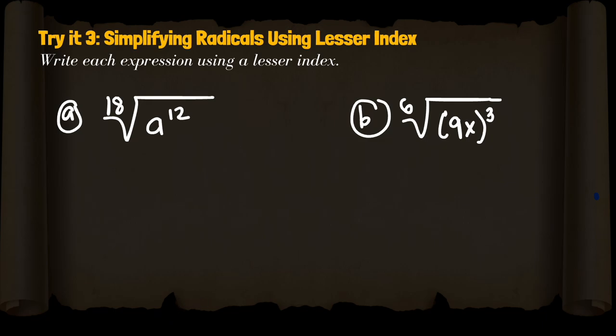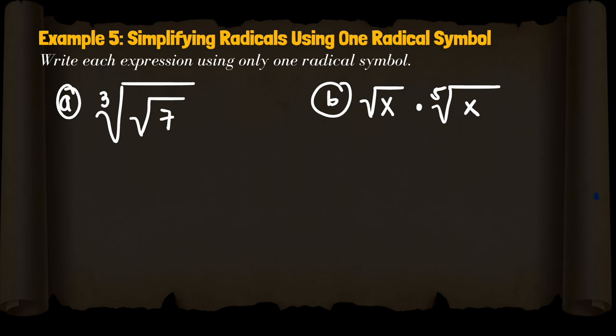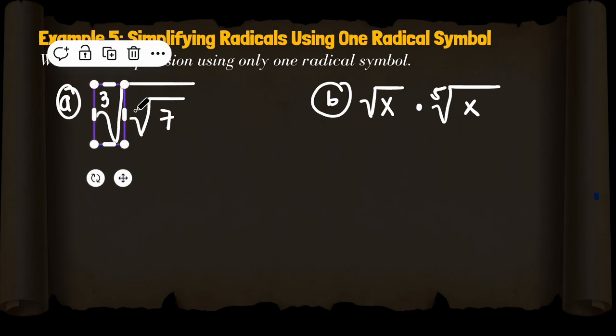And finally, for our example number 5, in this case, we will simplify radicals using one radical symbol. We will write each expression using only one radical symbol. As you can see, medyo nakakahilo. May dalawang radical siya, tapos ito, cube root, tapos ito, square root.